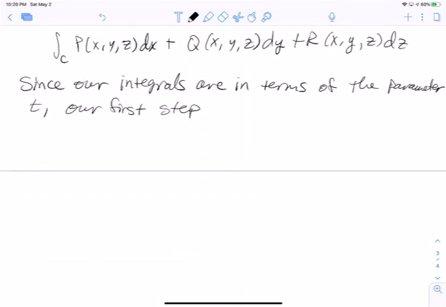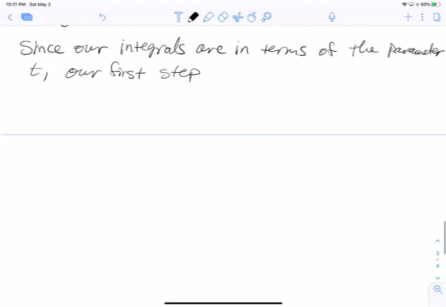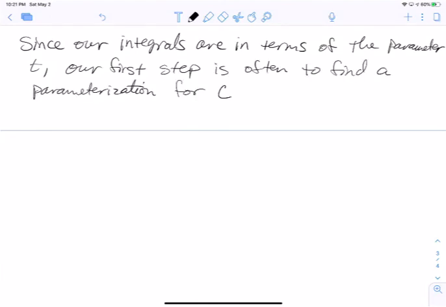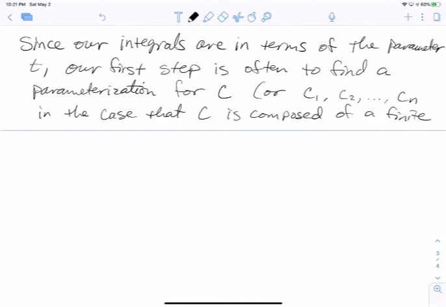Therefore, since our integrals are in terms of the parameter t, our first step is often to find a parameterization for C, or for C1, C2, and so on, up to Cn, in the case that C is composed of a finite number of curves, C sub i.